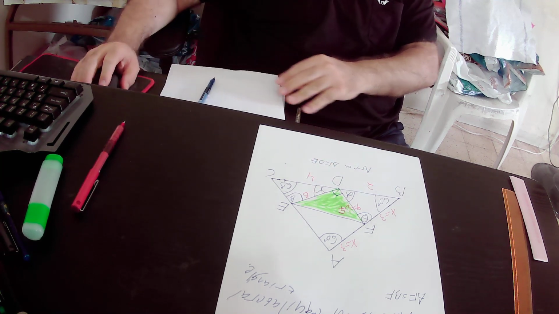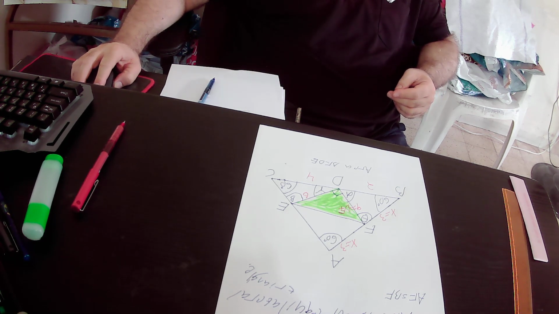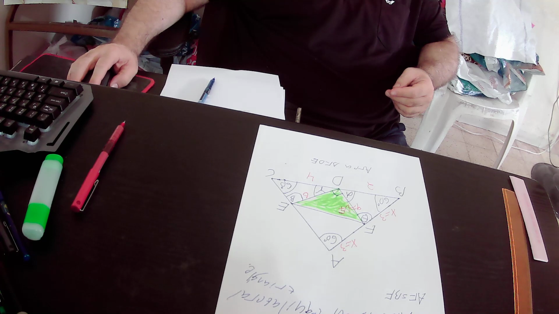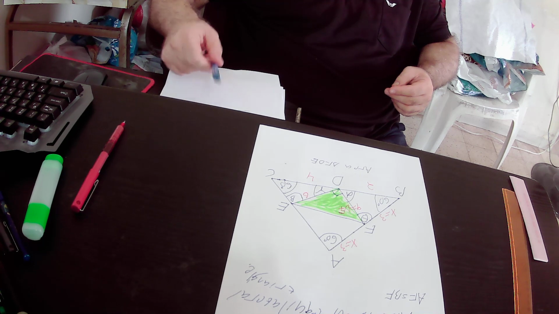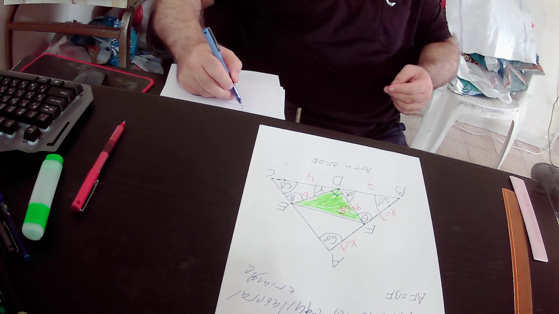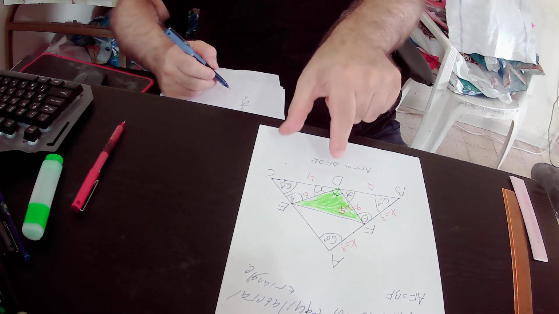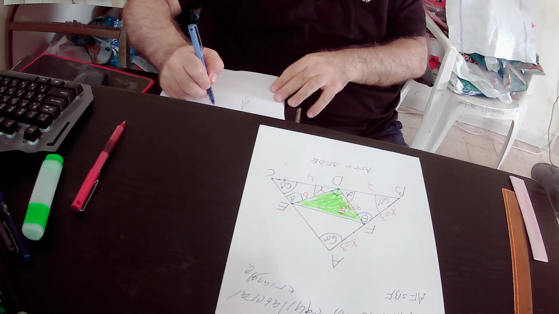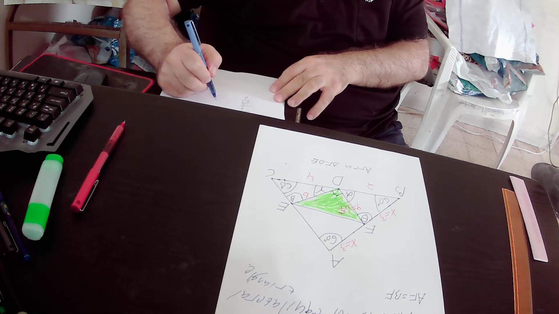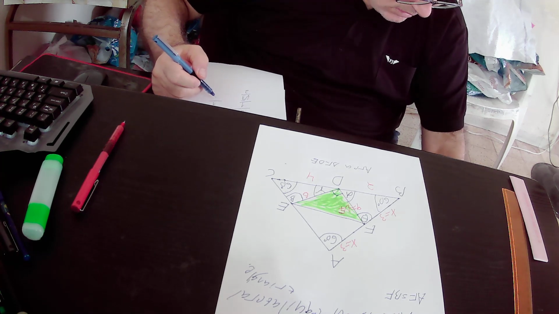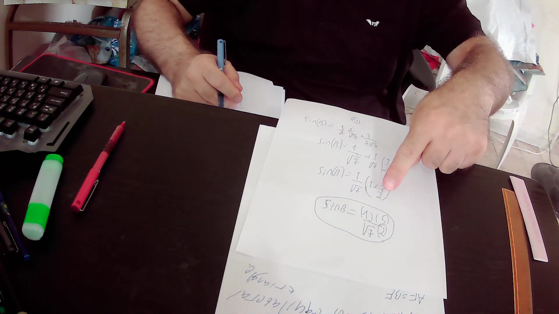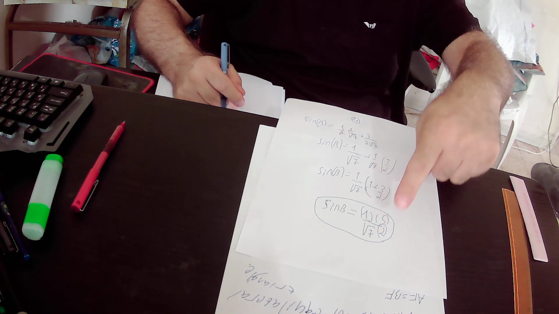And sinus 60 degrees is root 3 over 2. And DC equals to 4 units. And sinus beta equals to 5 over root of 7 times 2.